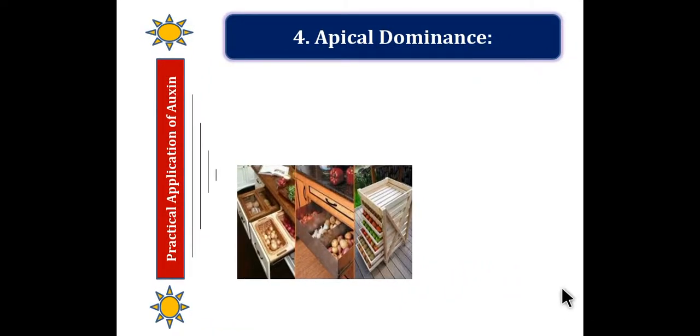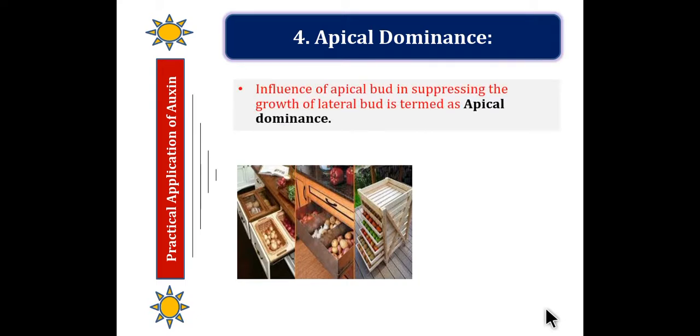The next application of auxin is apical dominance. The influence of apical bud in suppressing the growth of lateral buds is called apical dominance. The apical dominance is due to the presence of auxins at that site, which suppresses the lateral bud growth through nutritional status.